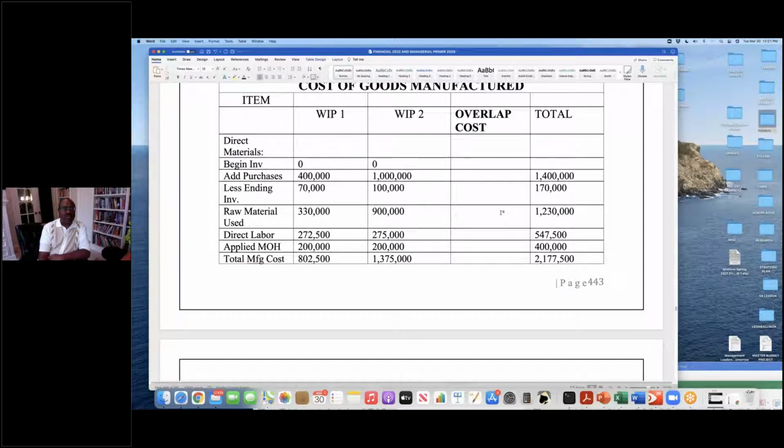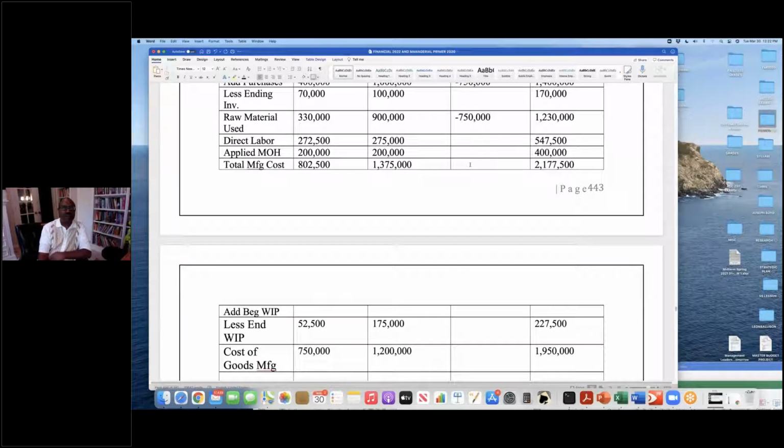We had it over there. So minus 750. So I'm just taking out my overlap costs.